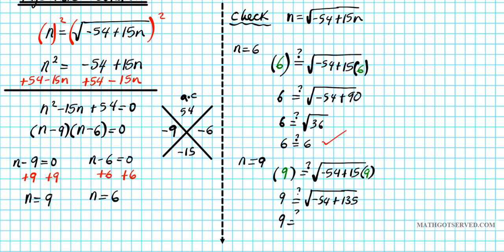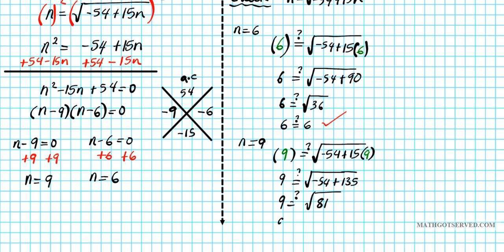So is 9 equal to the square root of negative 54 plus 135, which is 81? One more step. Is 9 equal to the square root of 81, which is 9? Absolutely. So this clearly shows that both of these two answers are our solutions. So we have two solutions here. So our solutions are n equals 6 and 9.